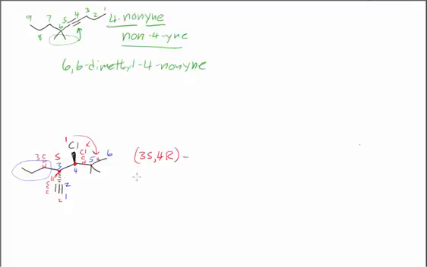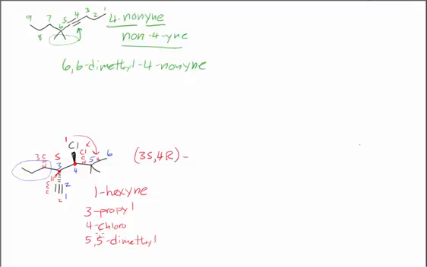And then we have some substituents here. We have a 3-propyl. I have a 4-chloro. And I have a 5,5-dimethyl. And lastly, I have 1-hexyne, because my alkyne is at the first carbon.